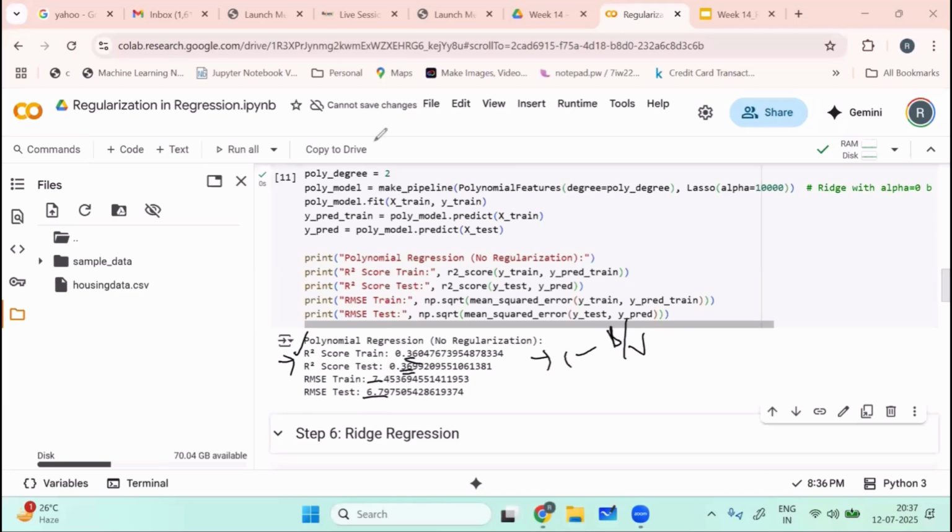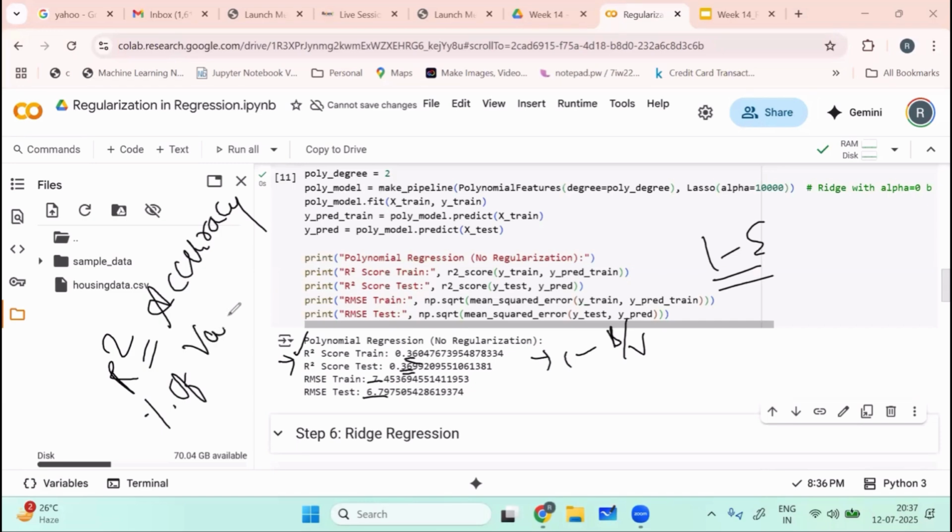Dr. Ravi, can you explain the last part one more time? Okay. So R square, don't say that it is accuracy. Though it looks like that, it is 1 minus error. It is actually the percentage of variance explained by your model.